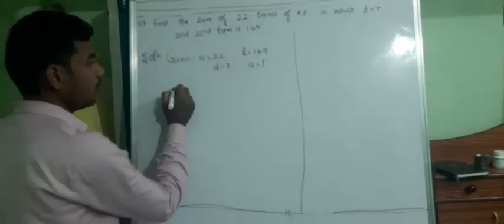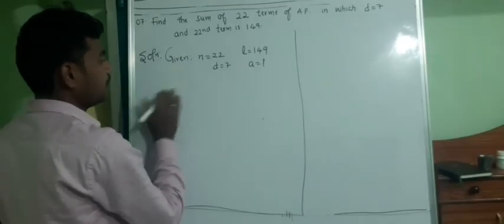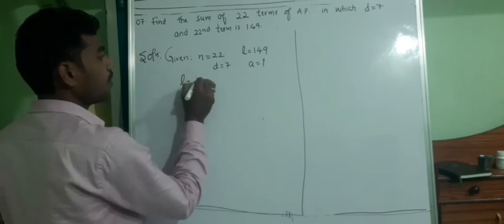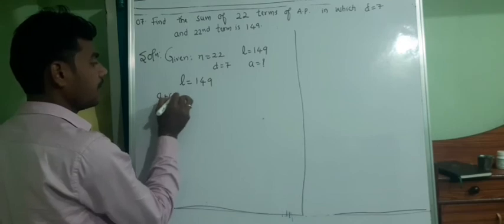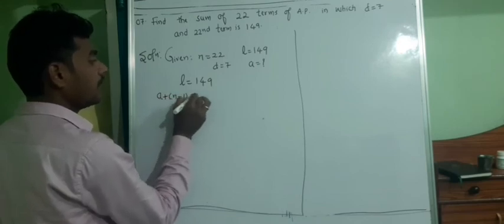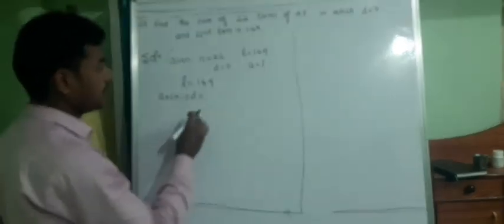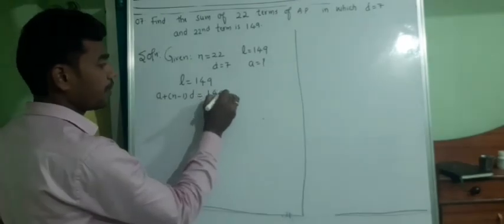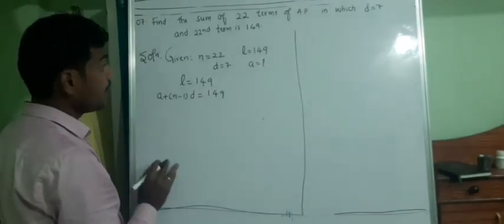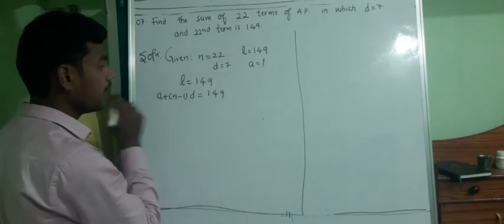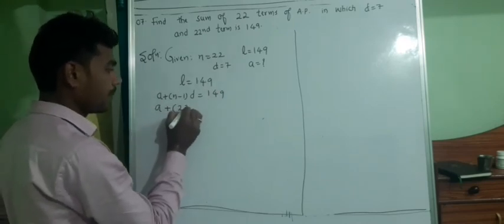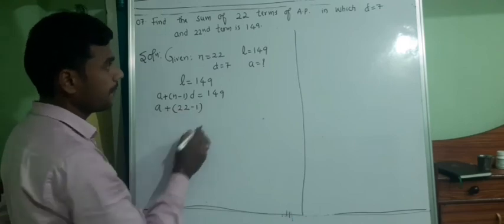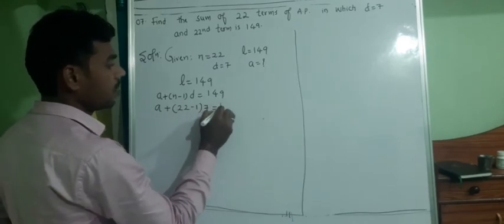See, L, that is the last term, is equal to 149. This is A plus N minus 1 into D, is equal to 149. What is A here? 7? No, sorry. A we need to calculate. What is N? 22, minus 1. What is D? D is 7, is equal to 149.